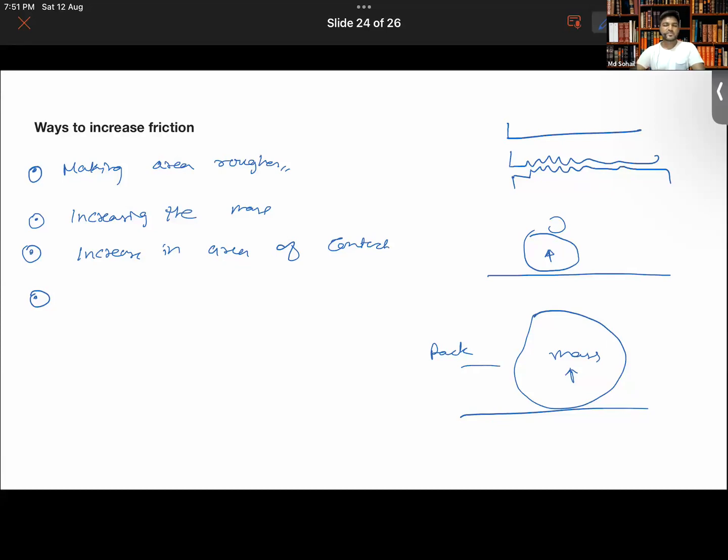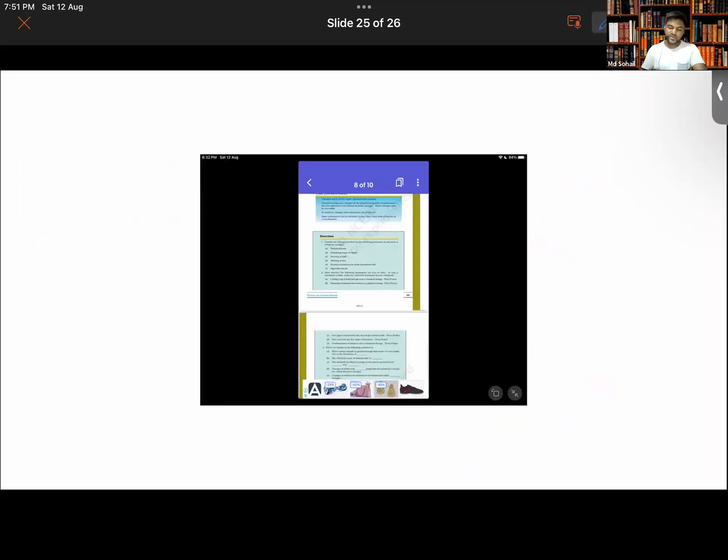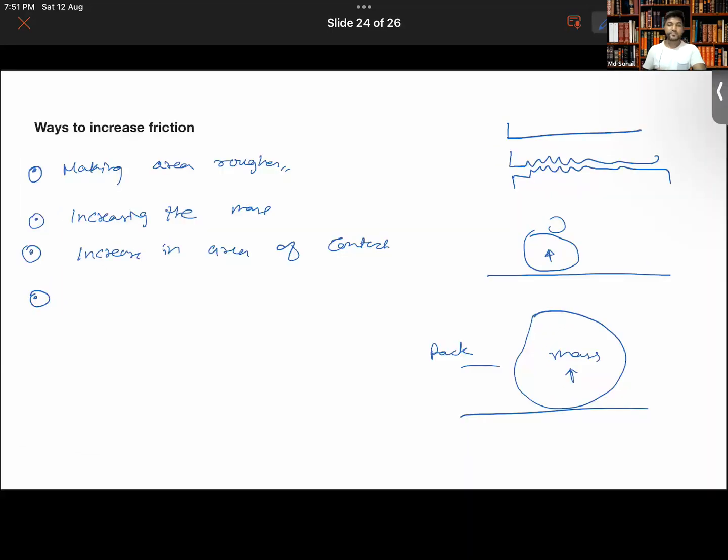So basically in the chapter, we have studied about friction and the causes behind it, right? And we see that friction is essentially the resistance that any object encounters when it is traveling across a surface or medium, right? There's one more point: reducing the applied force.